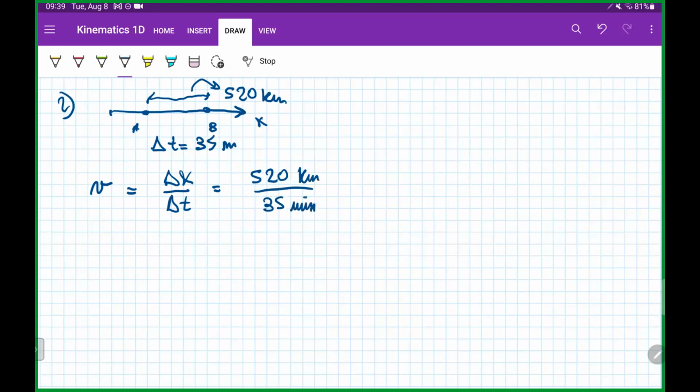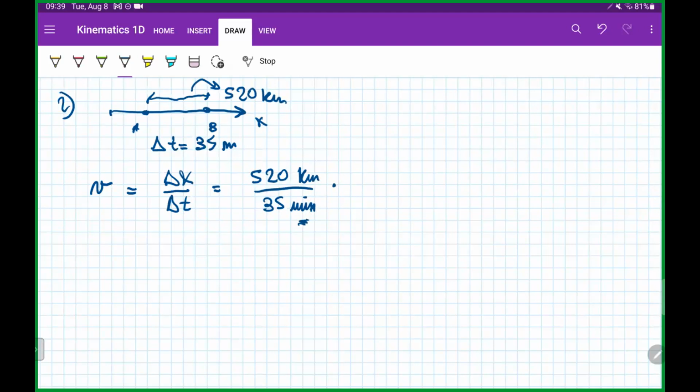But the problem is asking us to express it as kilometers per hour. And how can we do that? We can multiply by something which is equivalent to the magnitude that we are looking at. We want kilometers per hour, so we need to transform these minutes into hours, right?